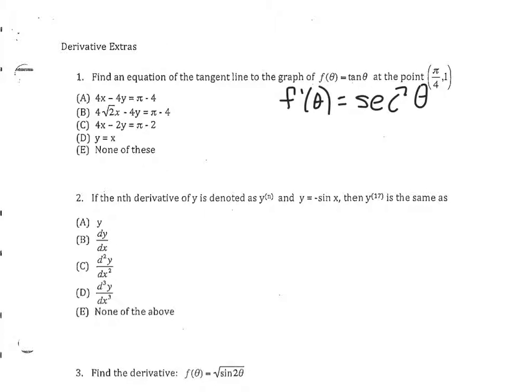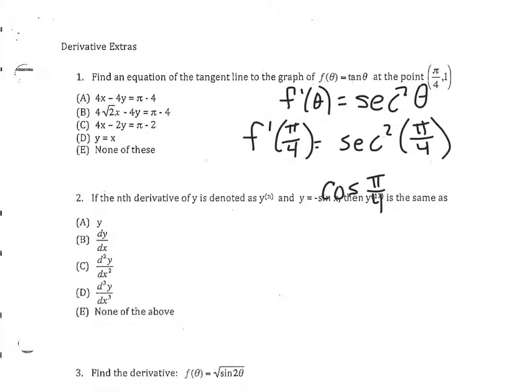Getting a little sloppy there, but we want f prime, the first derivative, at pi over 4. So you have secant squared pi over 4. You don't often see that, but we should be able to manipulate this. Secant squared is the reciprocal of cosine squared, so we have to figure out cosine of pi over 4.